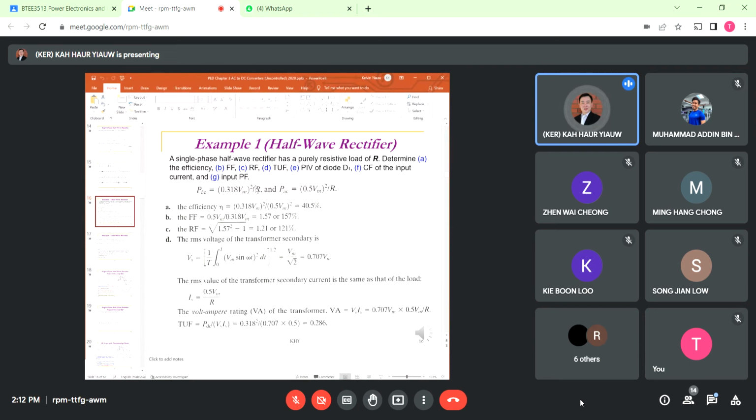We then in part D, TUF, to do the TUF, you first need to find what is your supply voltage VS and your IS at your transformer secondary. Okay, so this one is actually based on this one here.